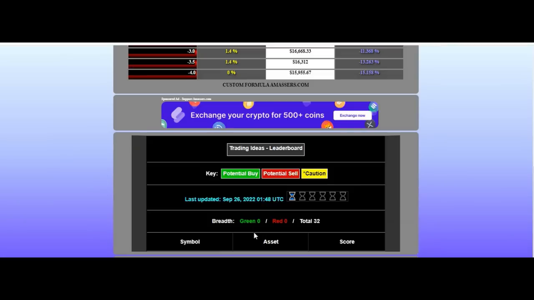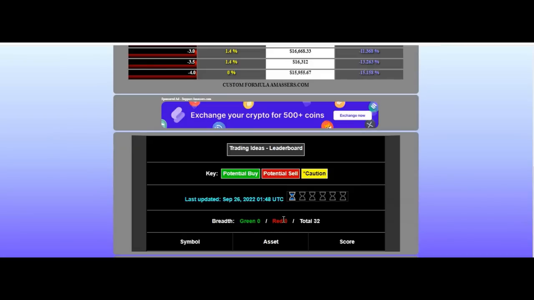What I also like to do with breadth is, if I'm going to bottom feed and look for these super oversold opportunities, I like to see some real blood on the streets. And so I like to see again an imbalance with huge market breadth to the downside over here.